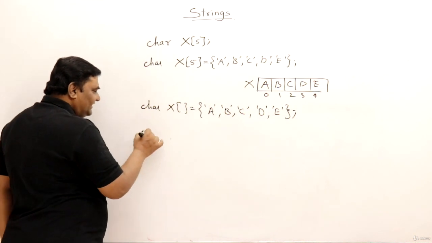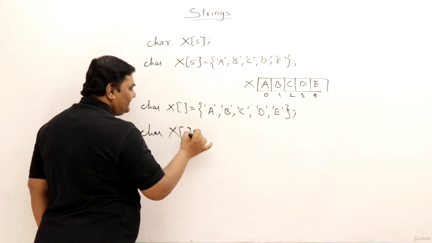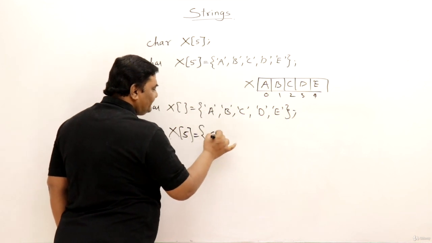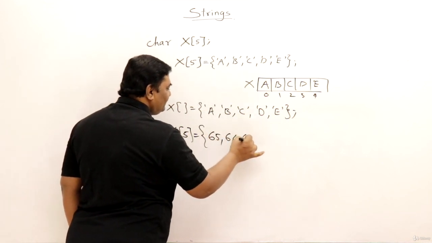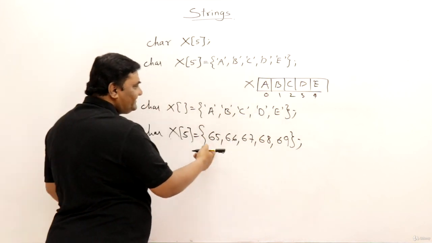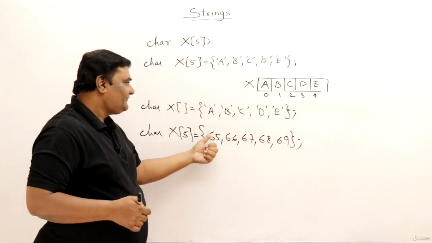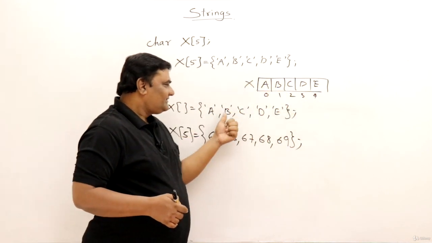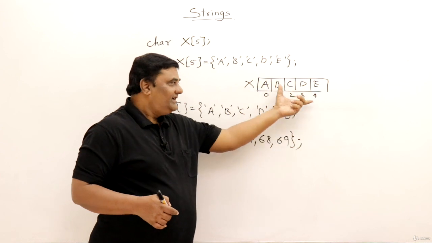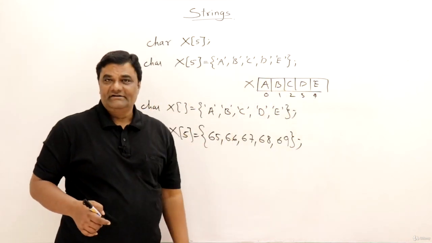And one more method: I can create an array by either mentioning or not mentioning the size, and write 65, 66, and so on. These are the ASCII codes for these alphabets, because 65 is for capital letter A and 66 for B. So the same array will be created. All these methods create the same array.